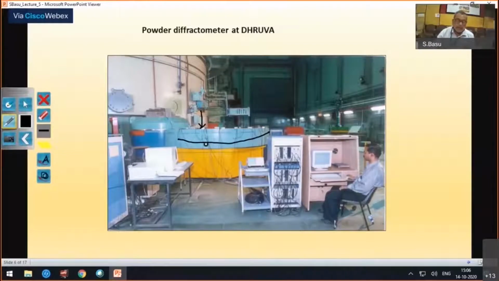That means you measure the intensity of neutrons as a function of angle, with no energy analysis. So this is pure structural work. We don't do any energy analysis.